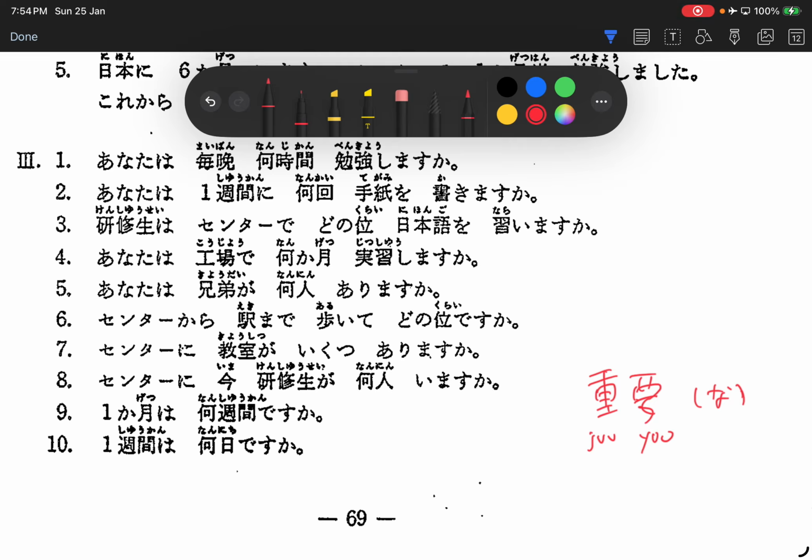This one I think if you cannot think of a long sentence, it's fine. 兄弟が2人ありますが、でも大学にいます。 Okay, I get what you want to say, but we don't say 2人, right?